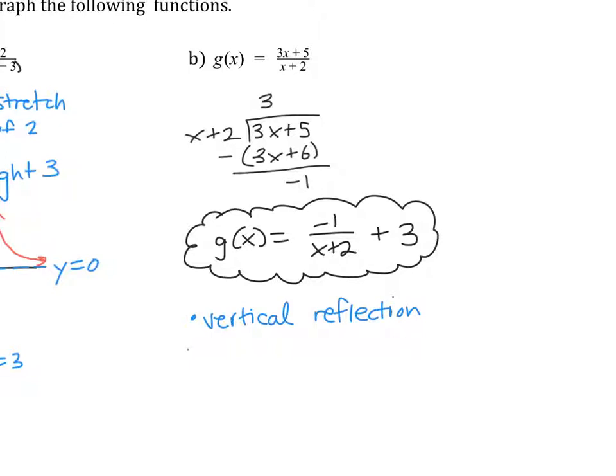And then that x plus 2, the plus 2 next to the x tells us to shift left 2. And then this plus 3, since it's being added to the entire function, it will be a vertical shift. So I'm going to shift up 3.